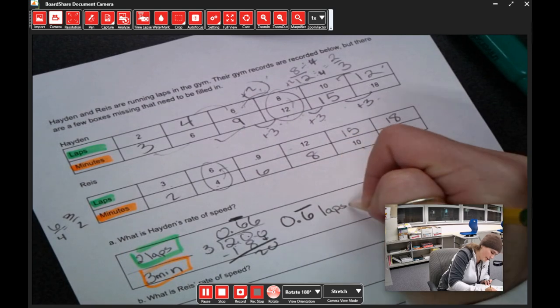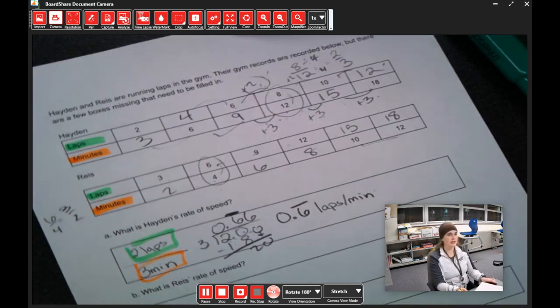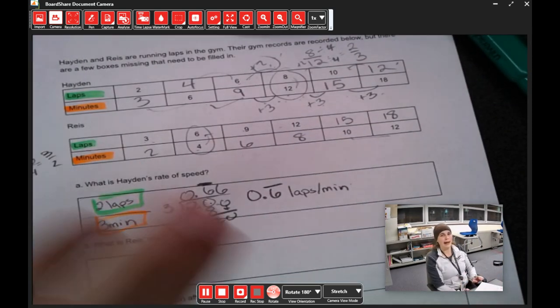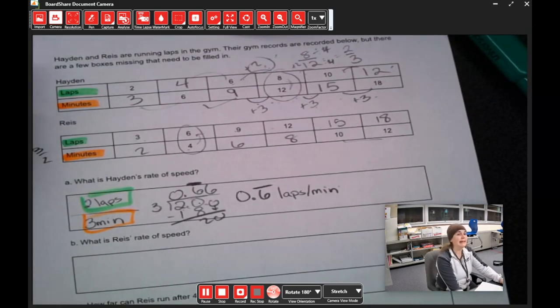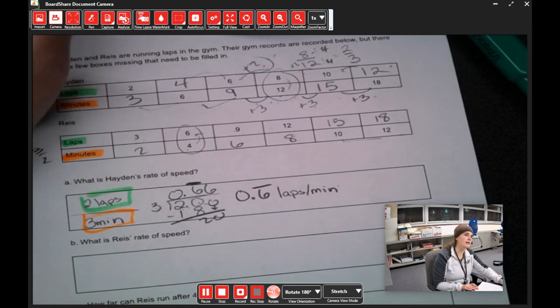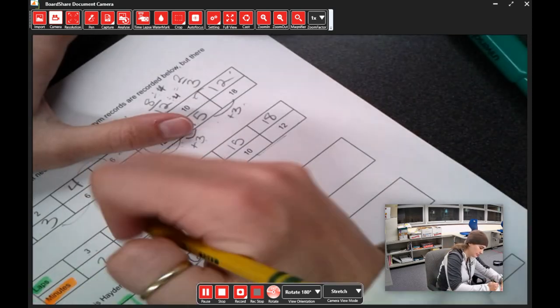Laps per minute. Now, Miss J's going to get mad at me if I don't. I mean, I don't get mad, but Ms. J is not going to be very happy if there is no complete sentence answering the question. So what is Hayden's rate of speed?